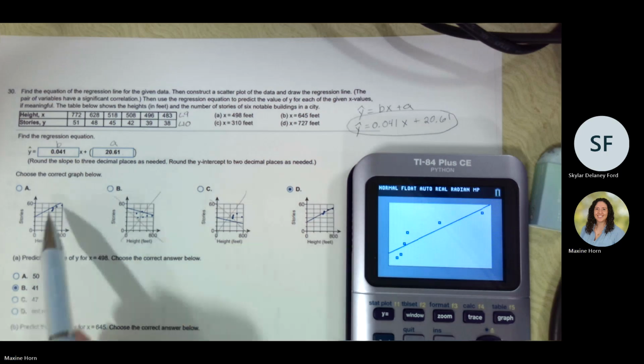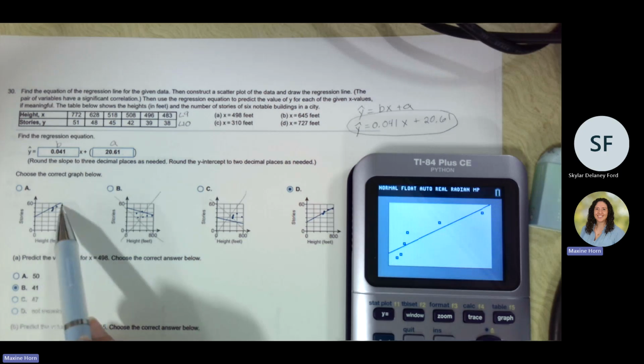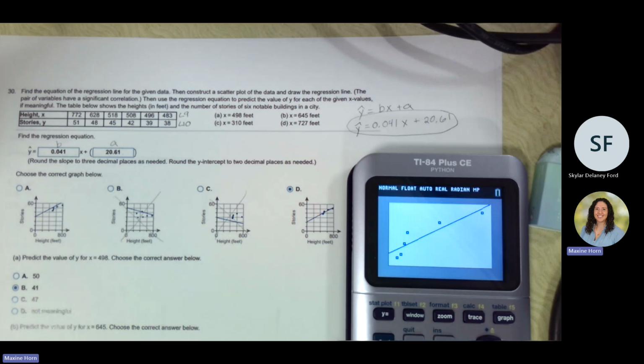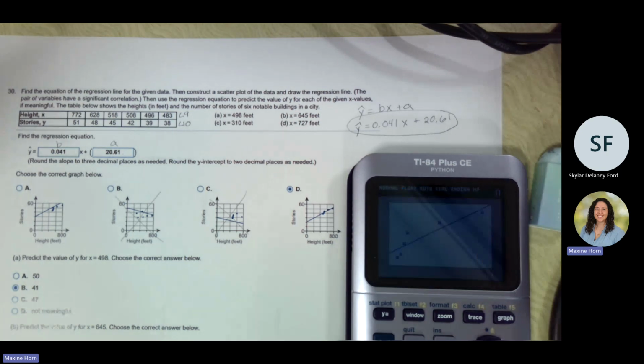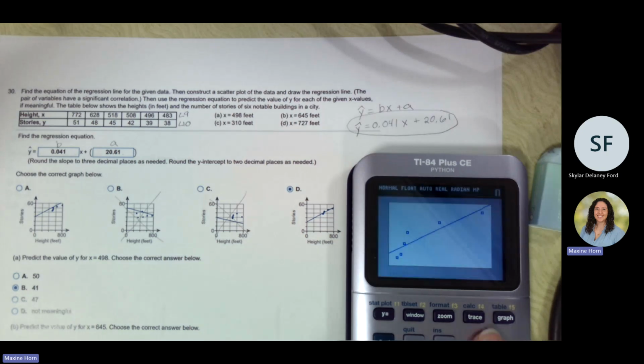This line is way above those points. Well, that's not a line of best fit. A line of best fit is one that goes through as many of the points as it possibly can. I mean, it's a little bit more involved than that, but you guys aren't necessarily focusing on that. You probably did have to learn about where the line comes from, but they're not asking you to do the math to create the line yourself.